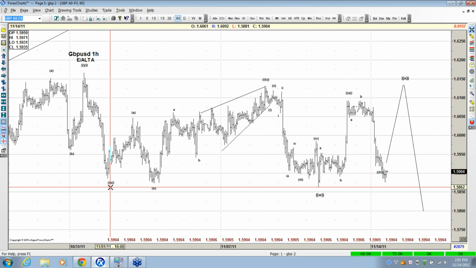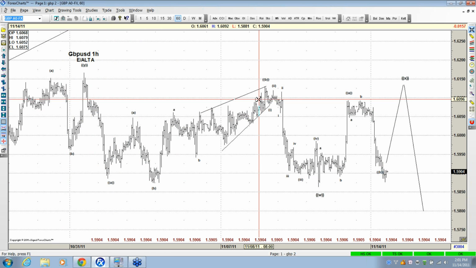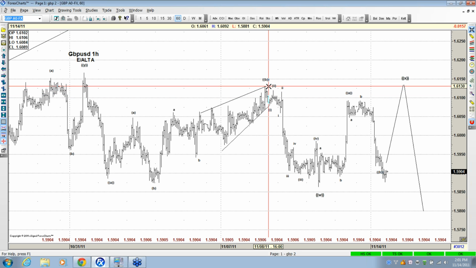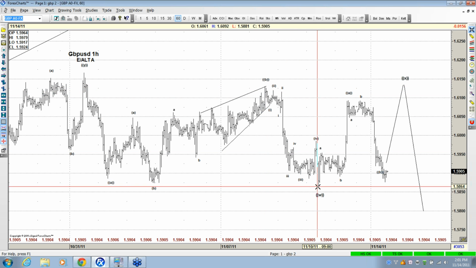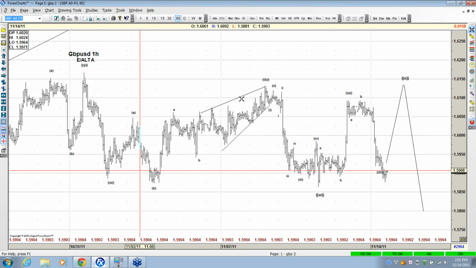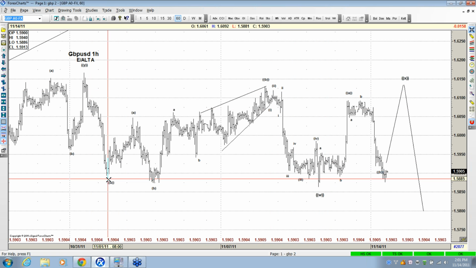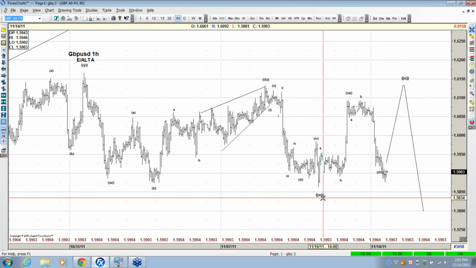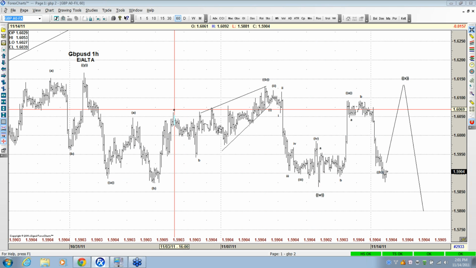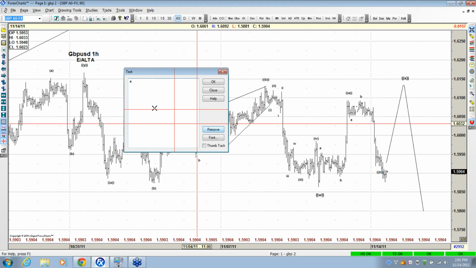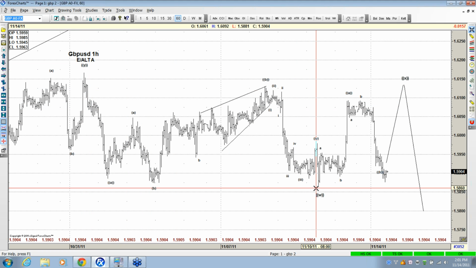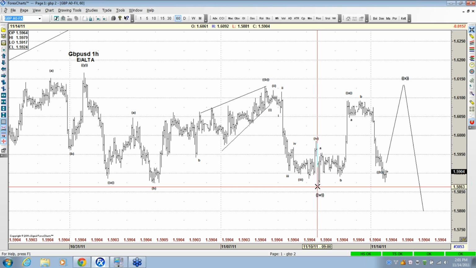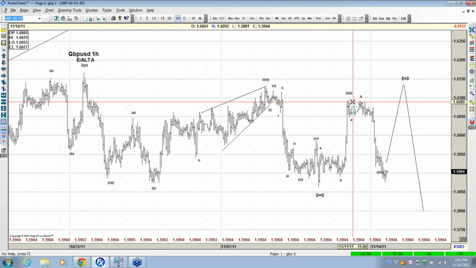You can label it like this: A, this, and B, and then a C. When you have A, B, C, a flat B, and a C in some degrees, technically all that matters is that you have 3 waves from here to here, and another A, B, C here.